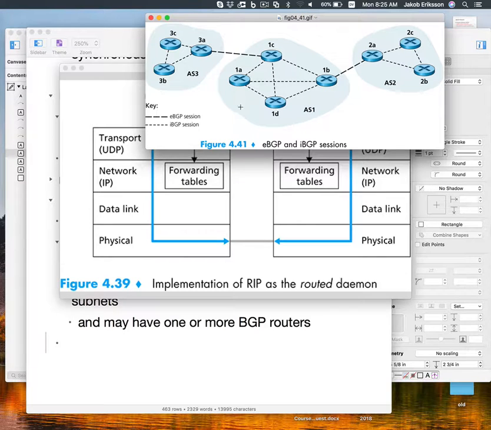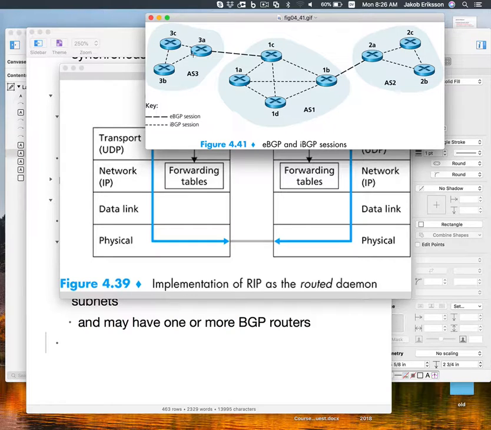If AS1 decides to forward a routing update from AS2 to AS3, then AS3 knows of the existence of a path from AS3 through AS1 to AS2, right? And would then install forwarding table entries as any normal routing implementation would do. But if AS1 doesn't forward anything, then AS3 is oblivious of the existence of AS2 on the other side of AS1 and wouldn't add any forwarding table entries.